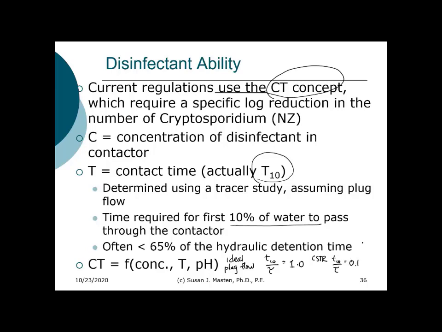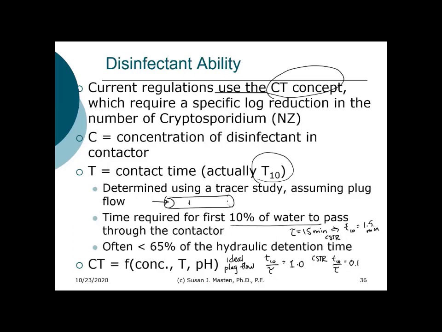So if we think about this, if we have a hydraulic detention time of 15 minutes in a CSTR, the T10 is equal to 1.5 minutes. So that means that the first 10% of water to pass through the contactor would do so in 1.5 minutes. On the other hand, you think of the plug flow reactor, and think of a plug moving through, okay?